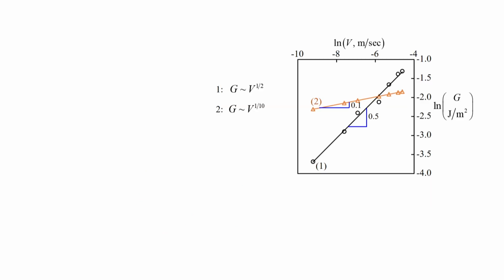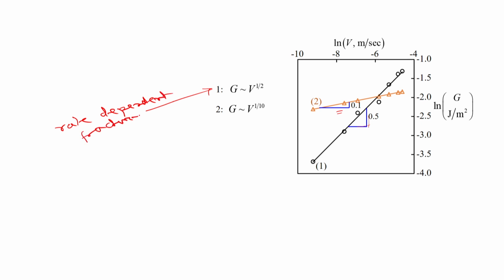So, that is all we have done here, and we can see that when you plot this ln of G as ln of V, we get a straight line. The data falls more or less in a straight line, and the slope here is 0.5, and for this data, for this table 2 or the tape 2, this slope comes out to be 0.1. So, what it means is that for tape 1, this is a rate dependent fracture that happens.